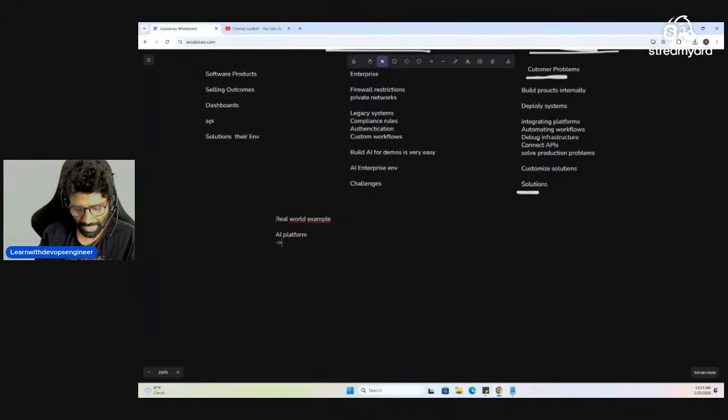So, real world example: an AI company, for example ABC, I'm not going to mention the name, wants to sell their product to a bank, so that the bank can use their platform. I hope it's very clear.